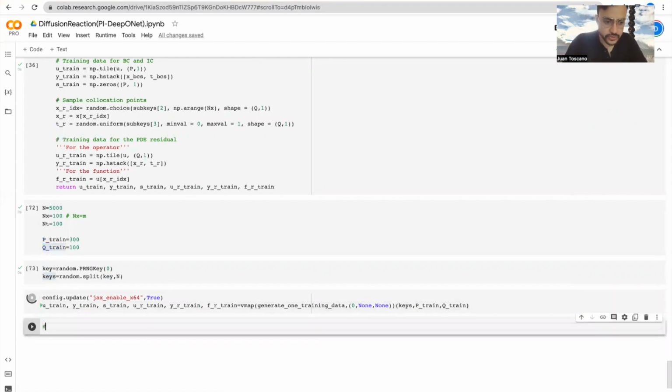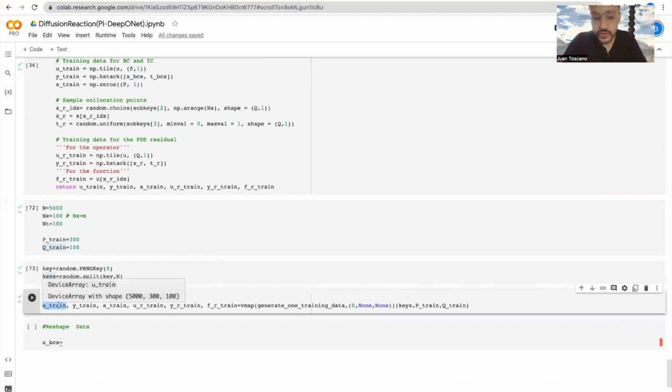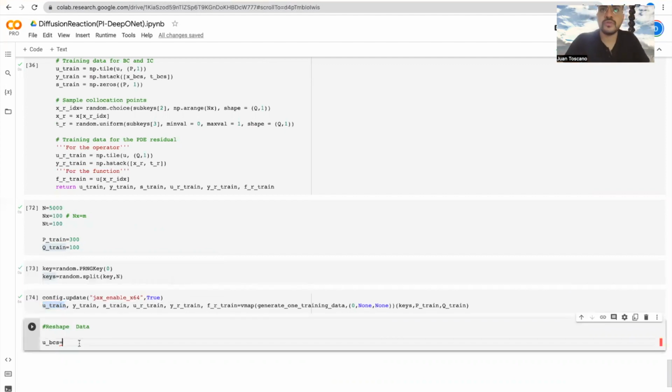Now we need to reshape the data to give it the right structure for the neural network. And to do that, we will call them u boundary conditions. Remember that this first value is where we evaluate our operator. So it's our boundary conditions for this case. So let's call this u boundary conditions train. Let's first ensure that all of the numbers have the same structure, so let's cast them to float32. u train, this would be this vector.